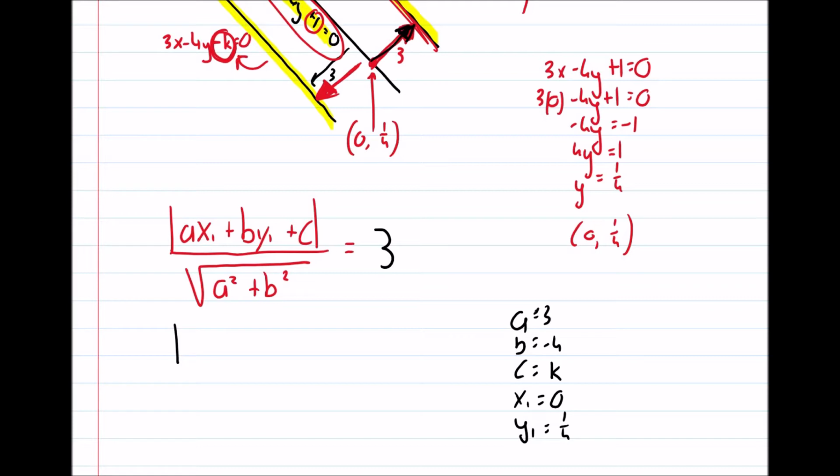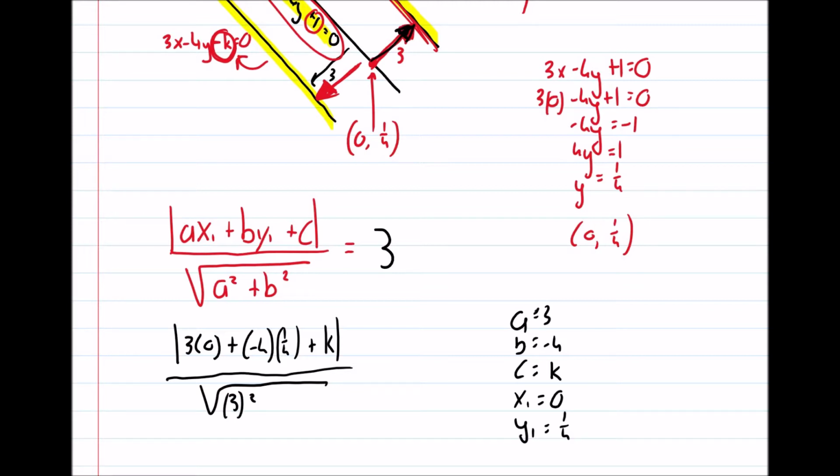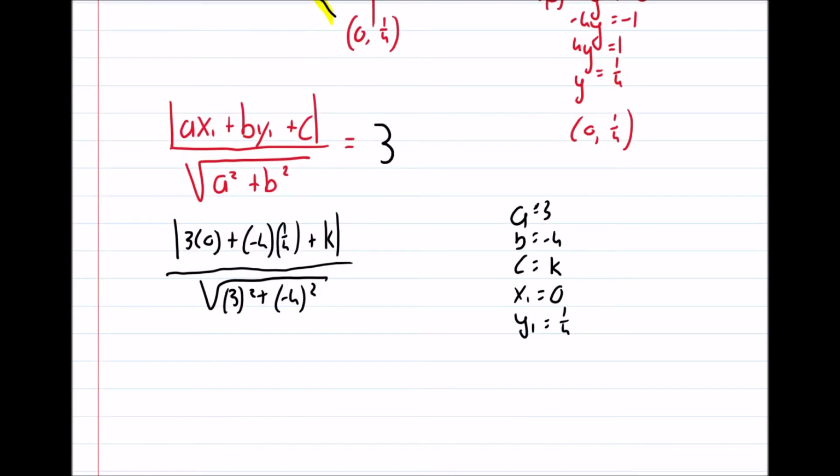I fill it into this formula: 3 times 0 plus minus 4 times a quarter plus k, all over root 3 squared plus minus 4 squared, and that all equals 3.